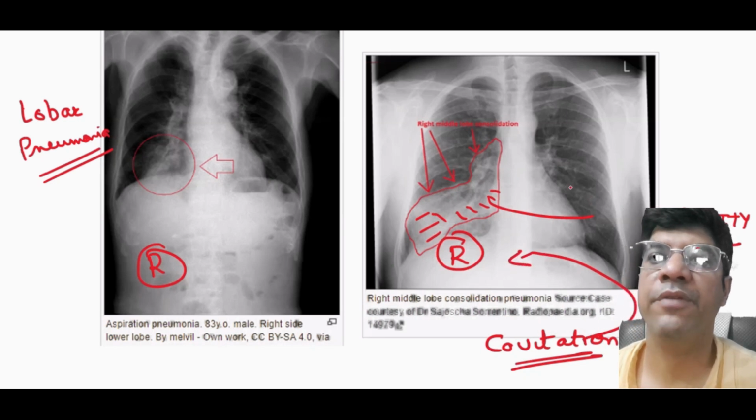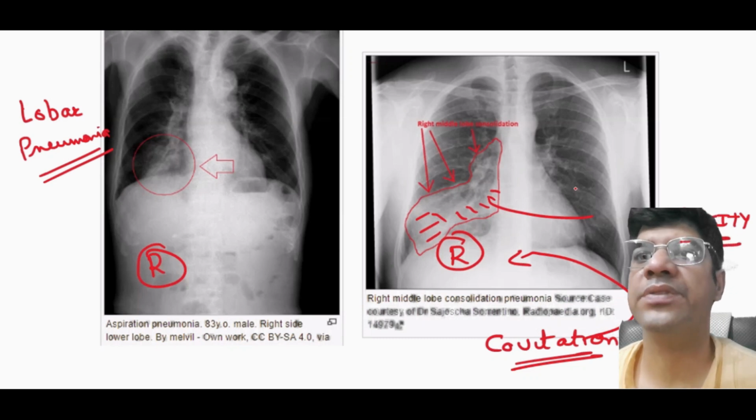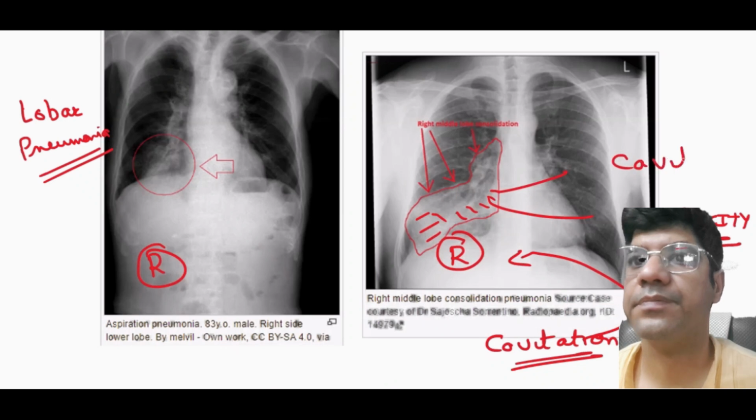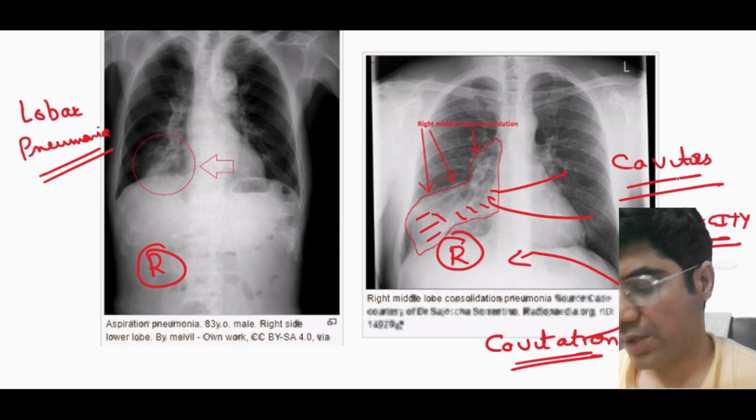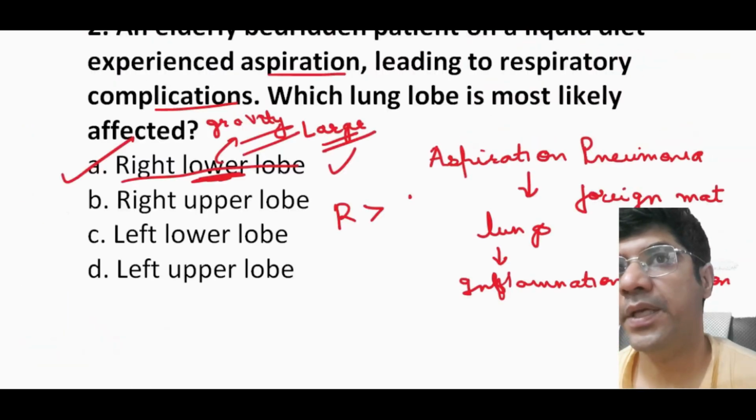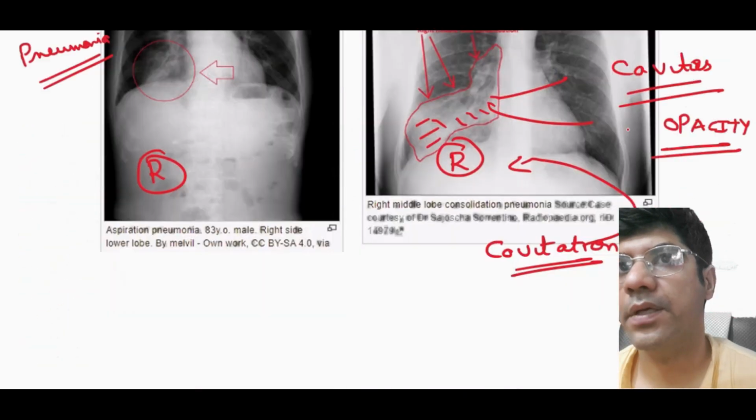Here there would be formation of cavities or hollow spaces within the area of lung consolidation. That may cause necrosis of the lung tissue, resulting in formation of cavities. So the answer here would be right lower lobe.